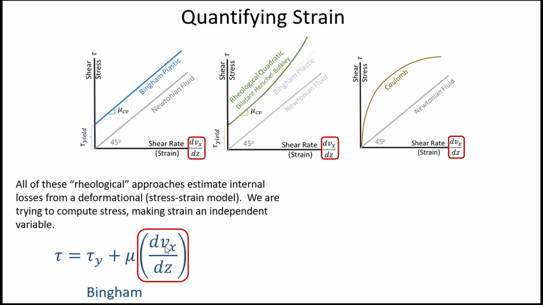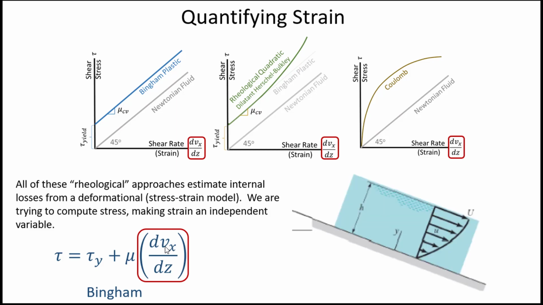Well, if you think about water, water translates downstream, and the top translates faster than the bottom. In fact, there's actually zero translation at the bottom. So basically, what most investigators have assumed here is that because water deforms as a function of the velocity, you have maximum deformation at the top and zero deformation at the bottom.